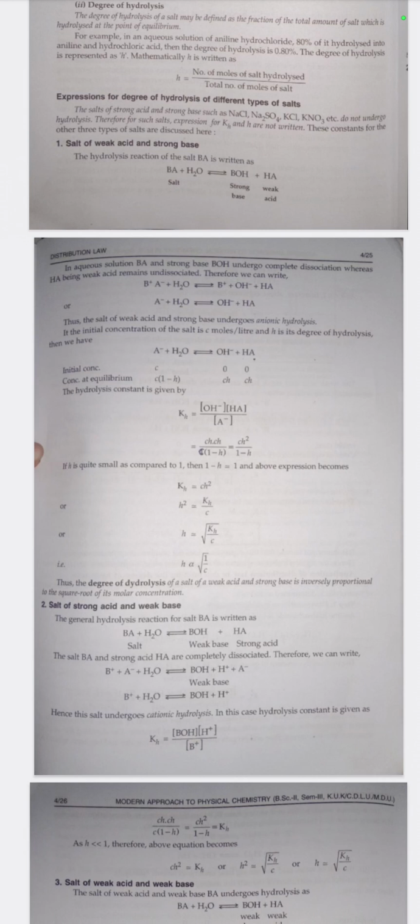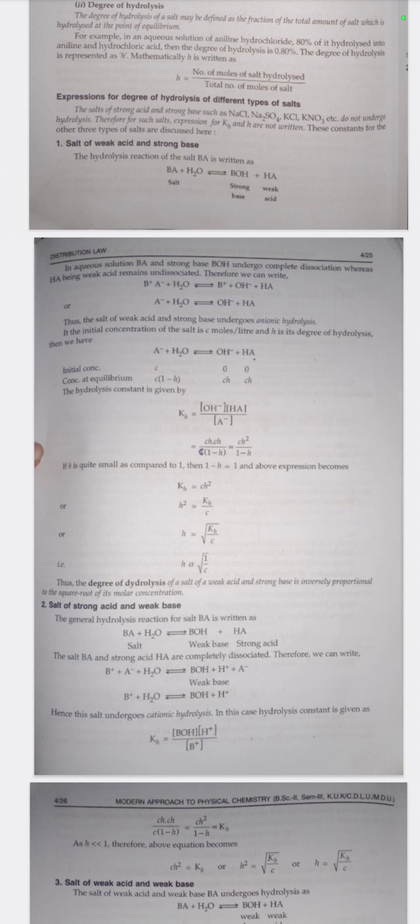If the initial concentration of the salt is C moles per liter, and h is its degree of hydrolysis, then we have A- plus H2O in equilibrium with OH- plus HA. KH is equal to OH- into HA divided by A- is equal to Ch into Ch by C(1 minus h) is equal to Ch squared upon 1 minus h.